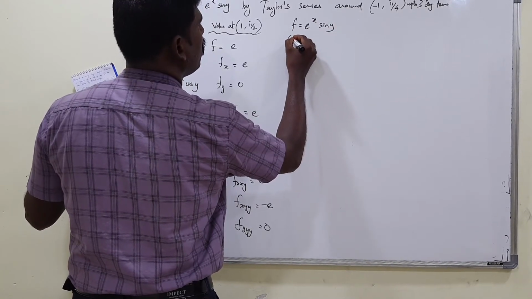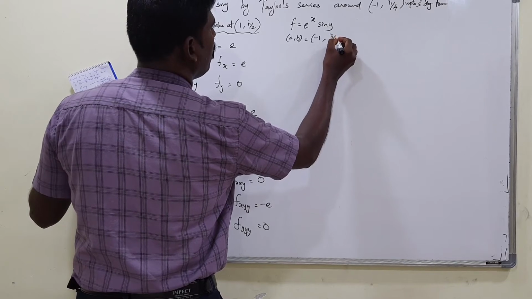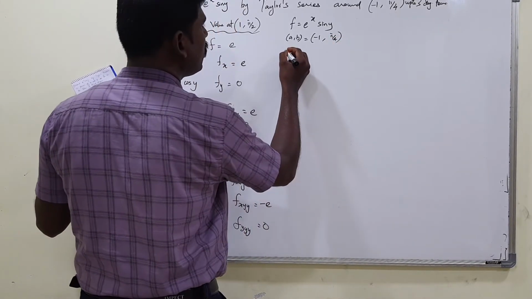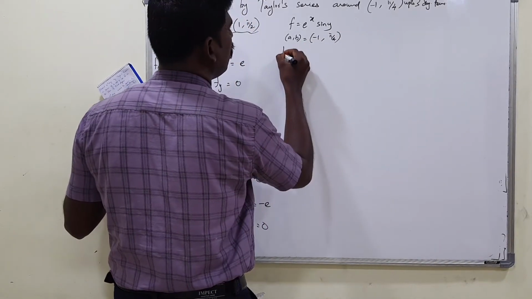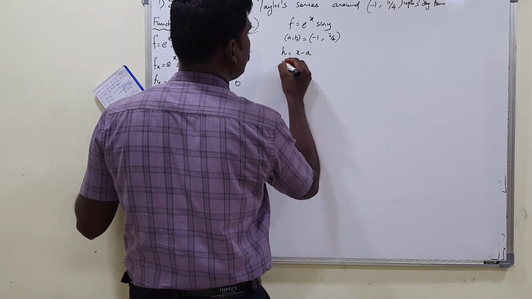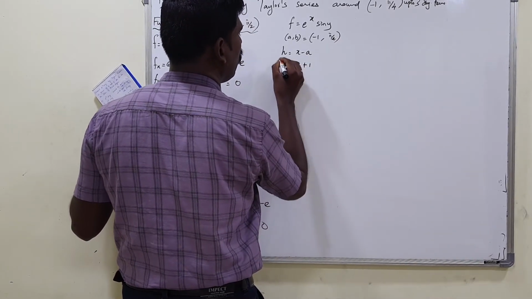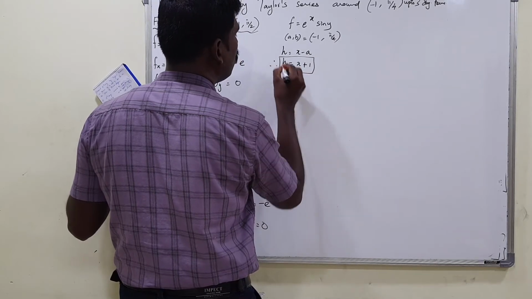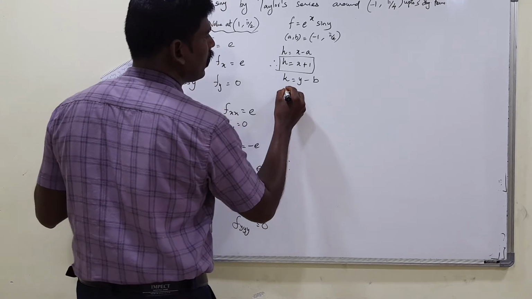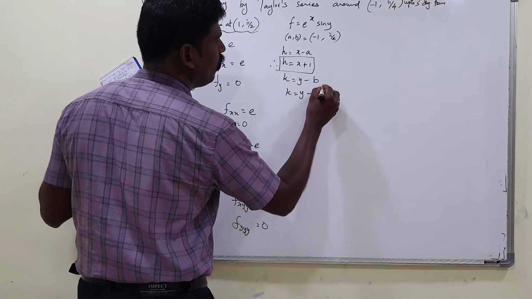What is a comma b? a comma b equal to minus 1 comma pi by 4, isn't it? Right. So what is h? h is equal to x minus a, isn't it? Therefore, h is equal to x minus a, which is x plus 1. What is k? y minus b, isn't it? So k equal to y minus b is y minus pi by 4.